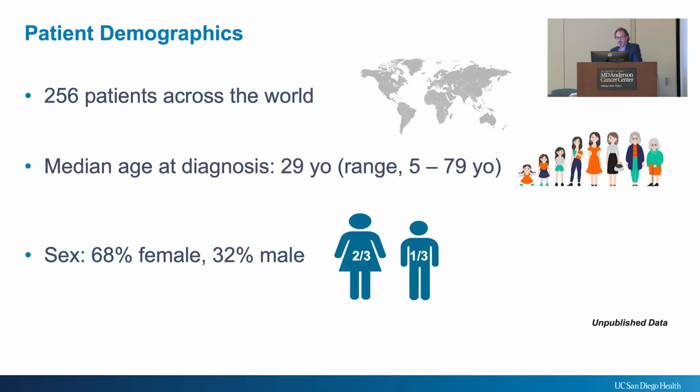We always thought that if you escaped into your 40s or so, you probably weren't going to get it. It's probably not actually true, just less likely. The other interesting fact is, unlike what you heard earlier, that there's generally an equal male-female predilection for GIST in general, you can see it's about a 2/3, 1/3 split for SDH-deficient GIST.